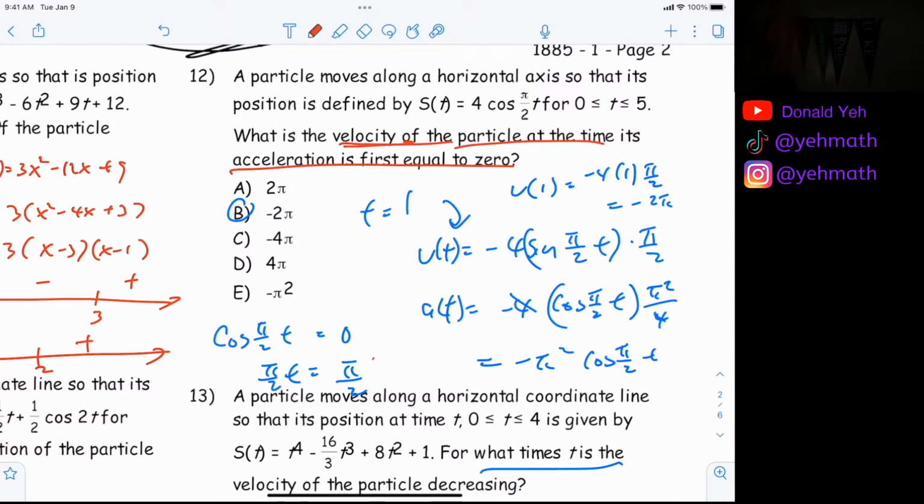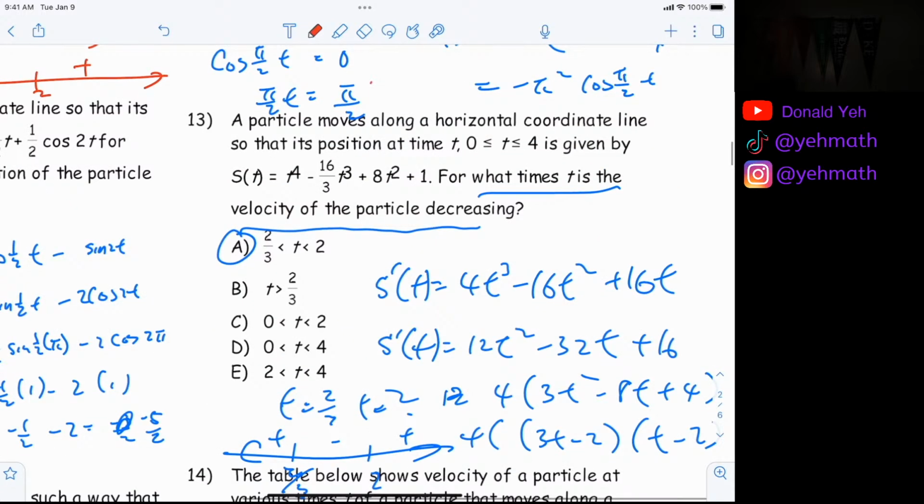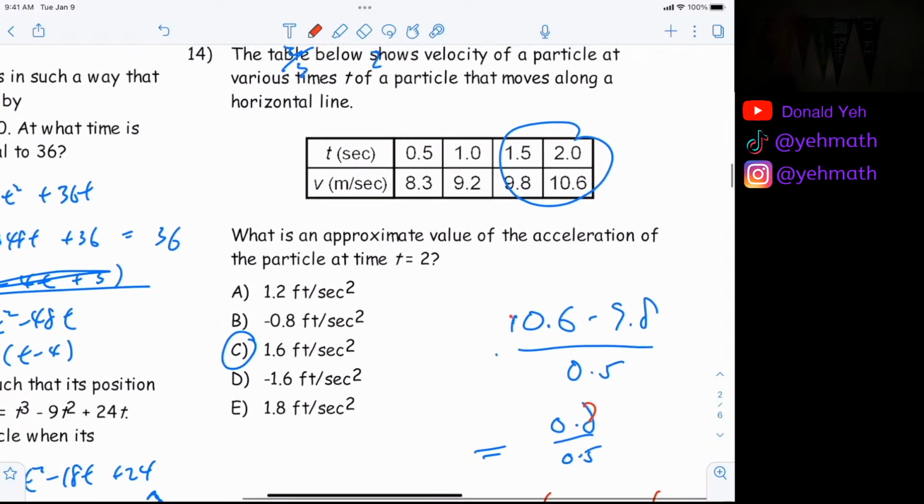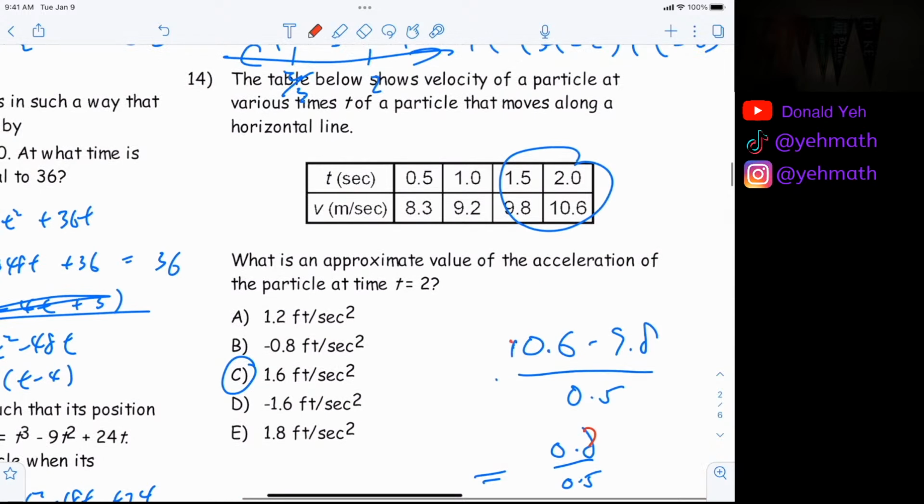So that's the statement you had to read. Question 13, I take a second derivative, and I find out when it's negative, which is 2/3 to 2. The last one, I'm just finding the slope between 2 points.